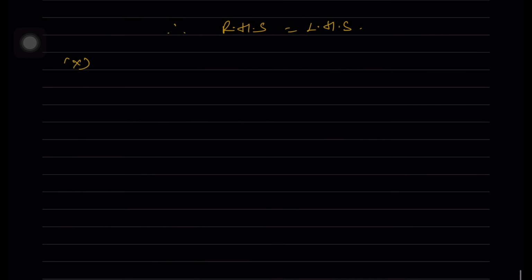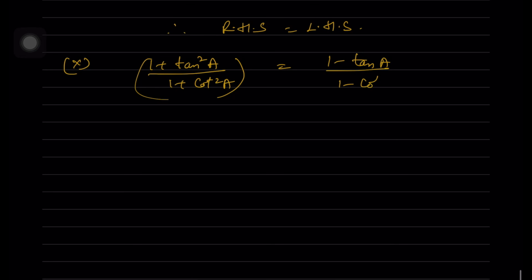The 10th problem, (1 plus tan square A) by (1 plus cot square A) is equal to ((1 minus tan A) by (1 minus cot A)) whole square.